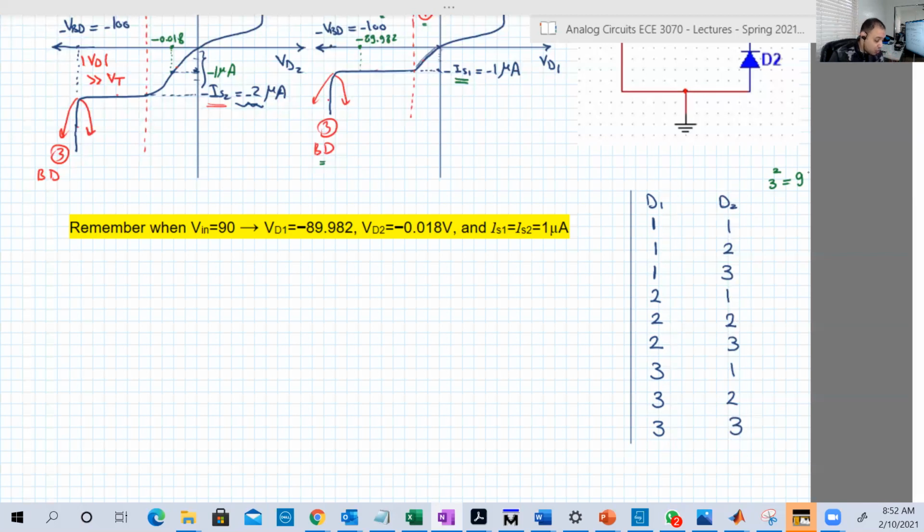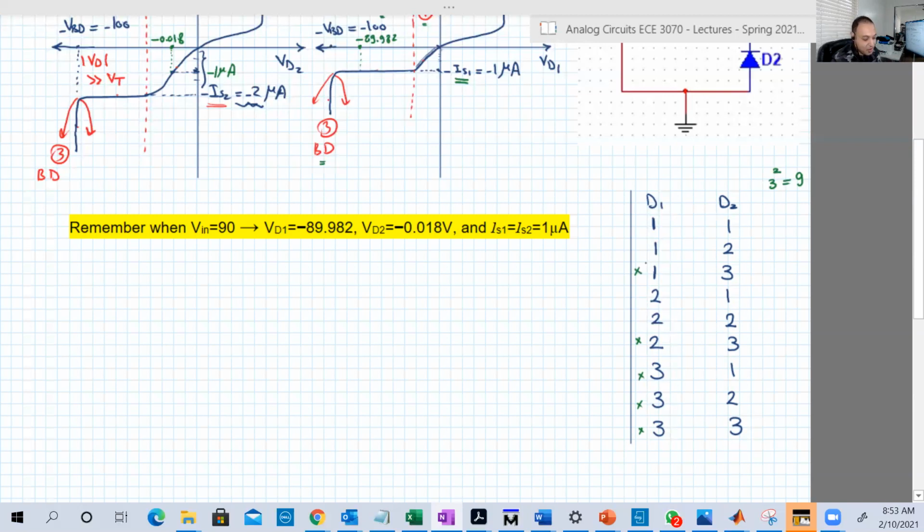That's why we excluded any combination that has region 3 in it. So we excluded this one, this one, and this one. We also excluded this one because D2 is in breakdown, and this one because again D2 is in breakdown.